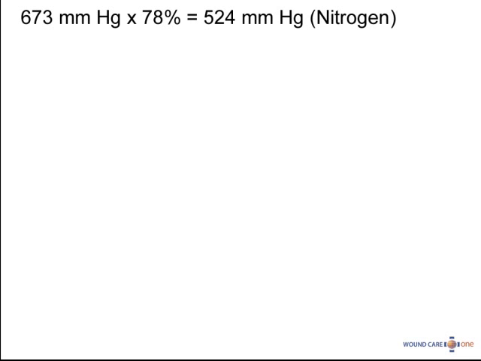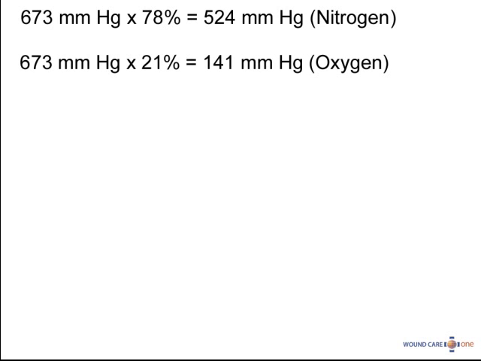Nitrogen will contribute approximately 556 millimeters of mercury pressure. That's 673 millimeters of mercury times 78% will equal 524 millimeters of mercury, and oxygen will contribute approximately 140 millimeters of mercury pressure. That's 673 millimeters of mercury times 21% equals 141 millimeters of mercury pressure.